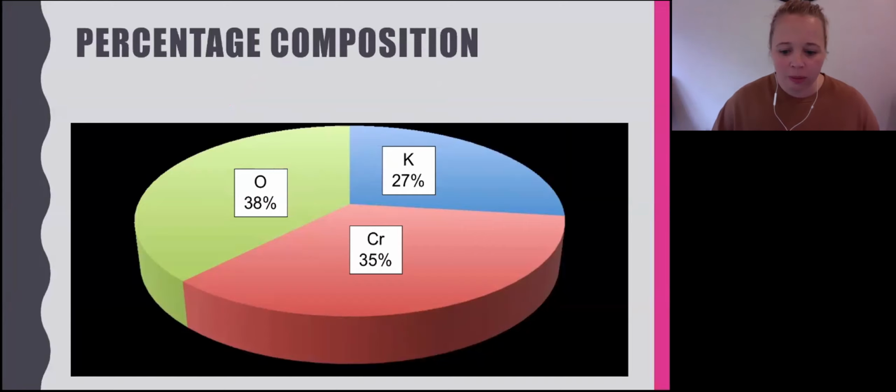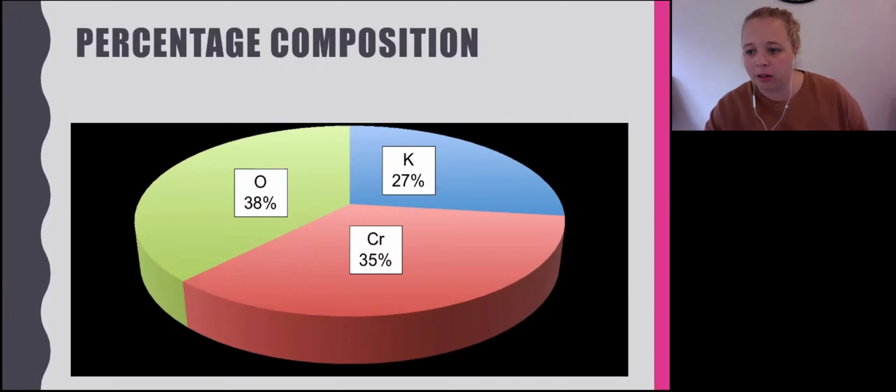So percentage composition is figuring out what the percentage of each element within a compound is. When we look at your gaps there, it says the theoretical blank by blank of a compound gives us. What we're talking about here is the theoretical percentage composition by mass.